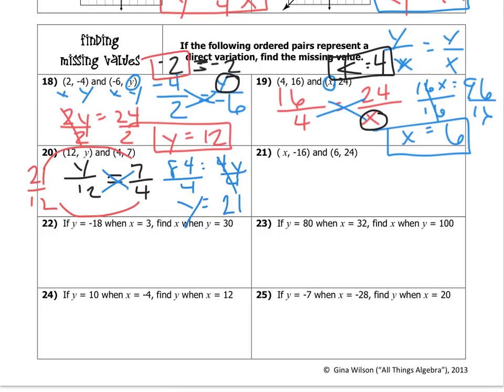For 21, we would do negative 16 over x equals 24 over 6. Cross multiply, right? I end up with 24x equals negative 96. I can't write. I'm going to do some erasing.